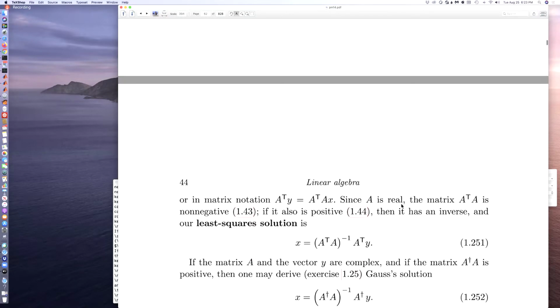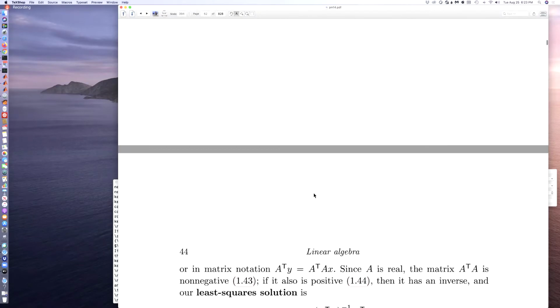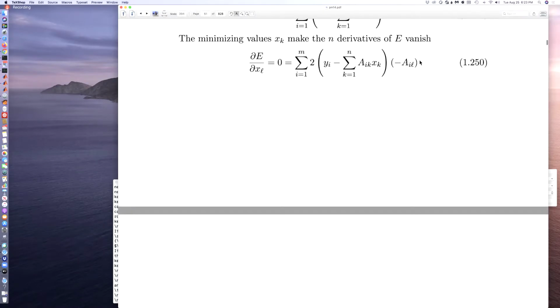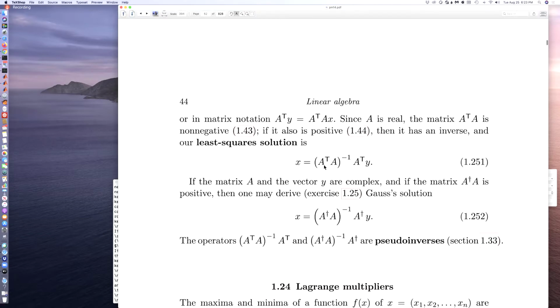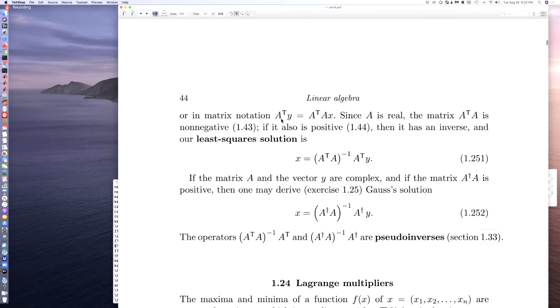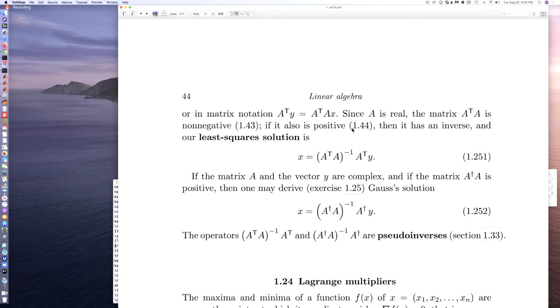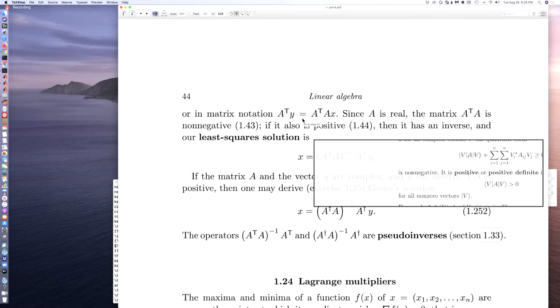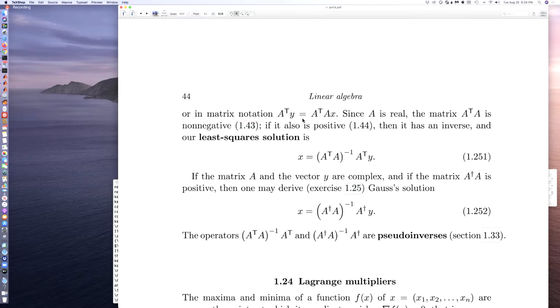And in matrix notation, after you've straightened out the minus signs and so forth, what you have there is that A transpose Y is A transpose A X. And if A is real, then A transpose A is non-negative. And so it probably has an inverse.